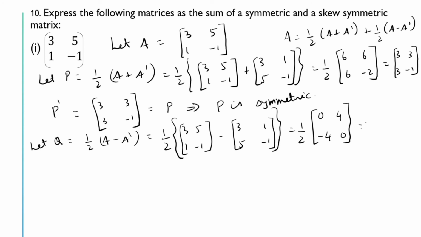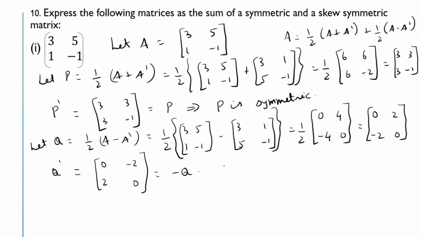So this is equal to 0, 2, minus 2, 0. Now if we take the transpose of Q, we get 0, 2, minus 2, 0. This is equal to minus Q. Therefore, Q is skew symmetric.